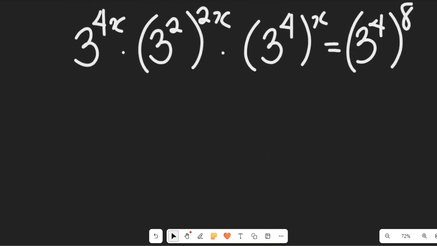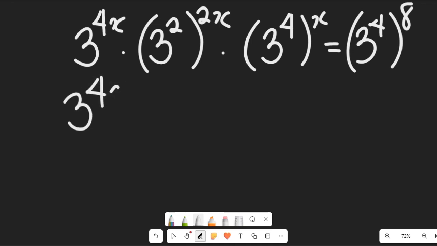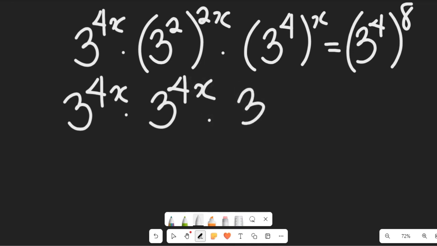Great. Now, if we simplify that, we're going to have 3 to the power of 4x multiplied by 3 to the power of 4x multiplied by 3 to the power of 4x, and this will be equal to 3 to the power of 4 times 8, which is equal to 32.